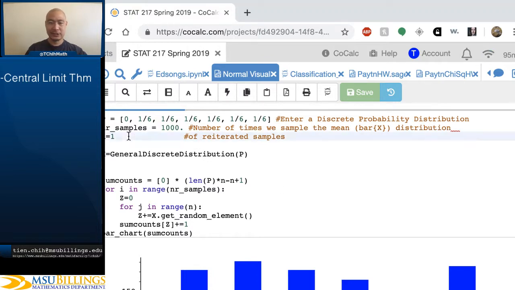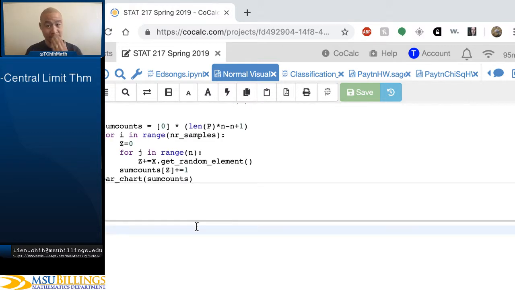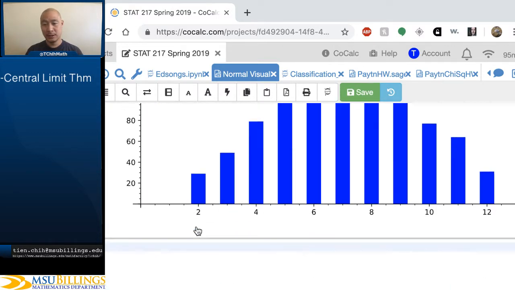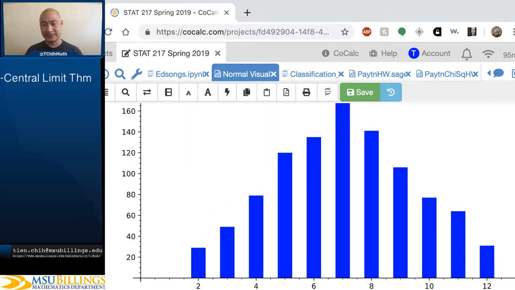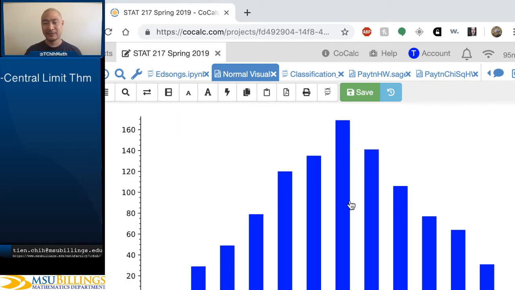Okay. So what if I sum 2? Or I roll a dice and I take their sum, and we've seen this from chapter 2, right? 2 is the smallest your sum can be, and that's pretty rare because you need to roll a 1 on both dice. 12 is also pretty rare because you need to roll a 6 on both dice. 7 is the most common because you can roll 1 and a 6 or 2 and a 5, 3, 4, 4, 3, 5, 2, 6, 1, right?